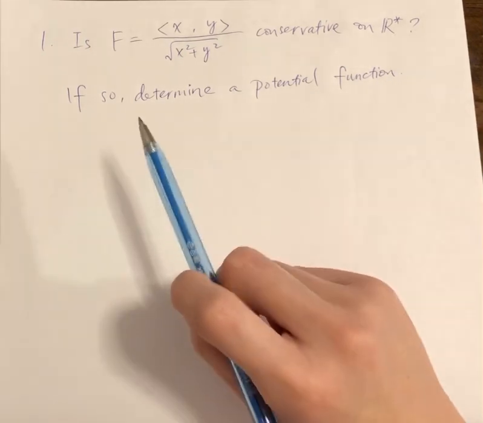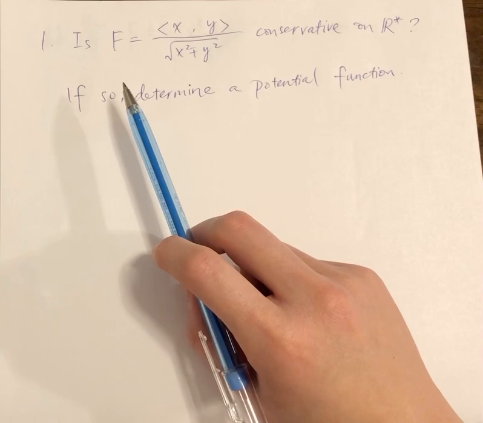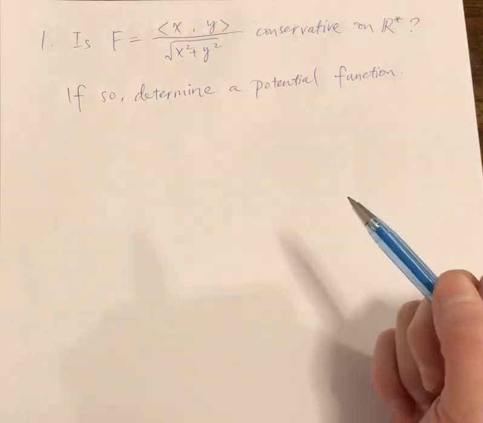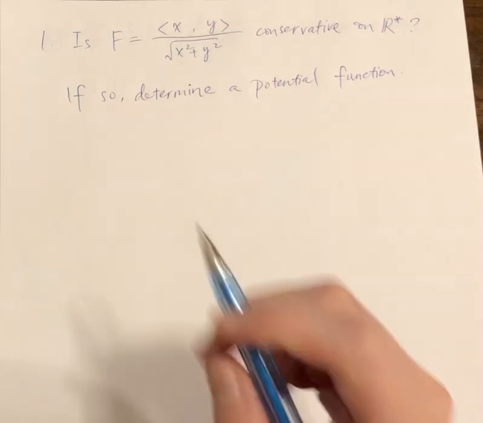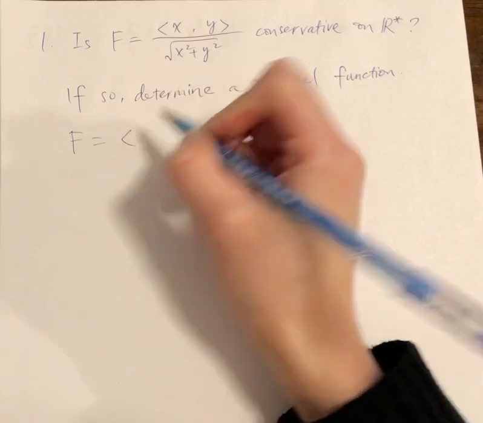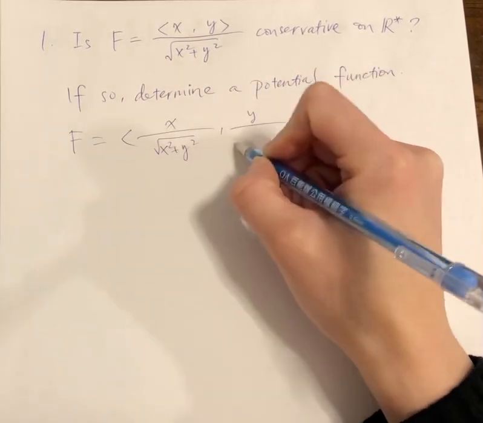We learned about the test for an F to be conservative, so maybe it's helpful to write F this way: x over this, y over this.